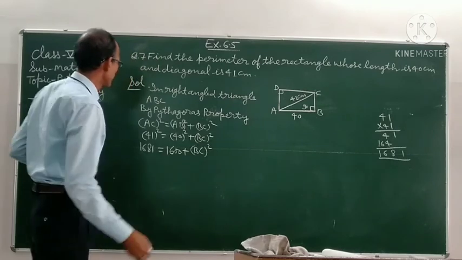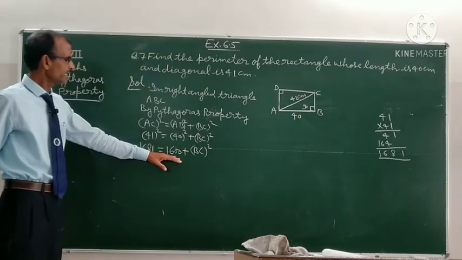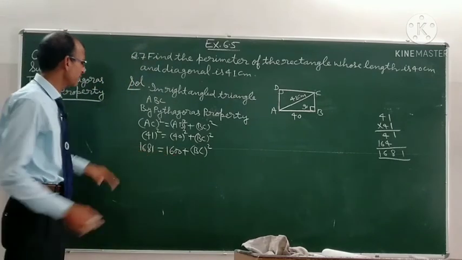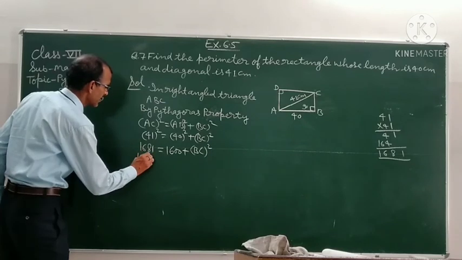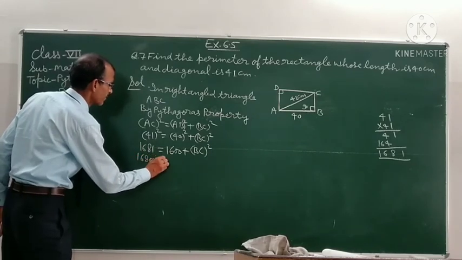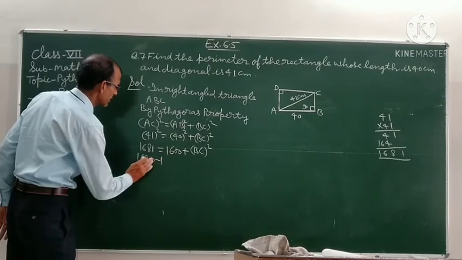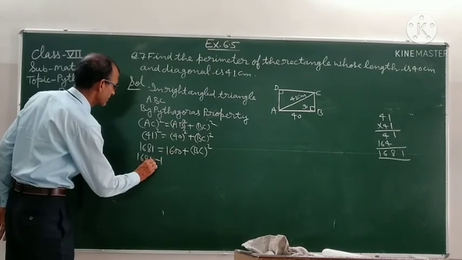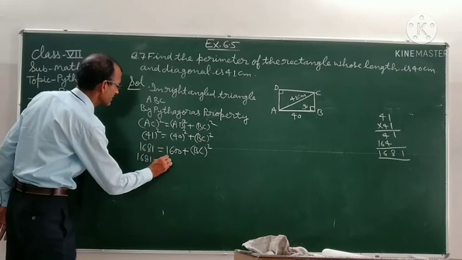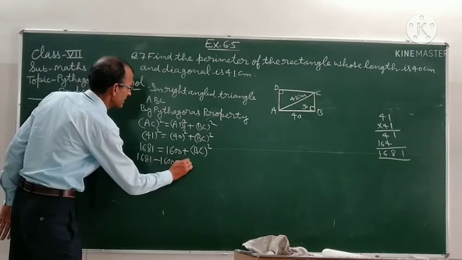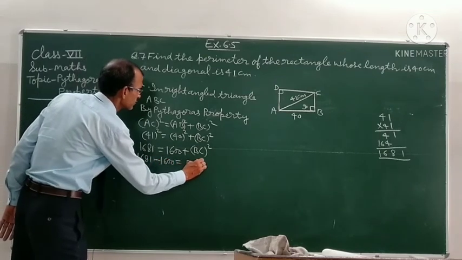Okay. Now transposing 1600 to left hand side, we will get 1681 minus 1600 is equal to BC square.